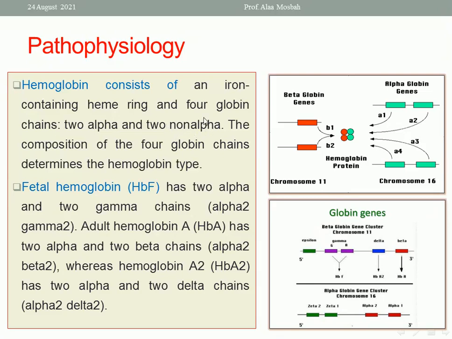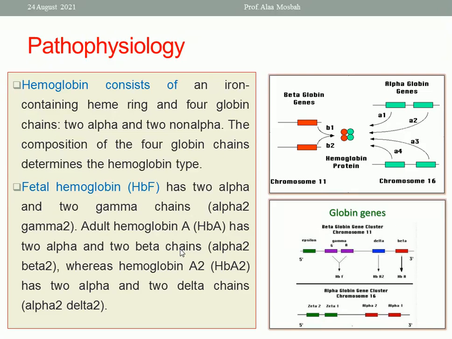The other 2 may be beta to form adult hemoglobin, what is called hemoglobin A. Or the other 2 chains may be gamma globin, which form the fetal hemoglobin, hemoglobin F. So hemoglobin F is formed of 2 alpha and 2 gamma. 2 alpha and 2 delta chains will form hemoglobin A2.